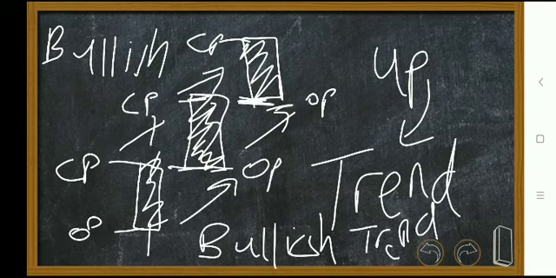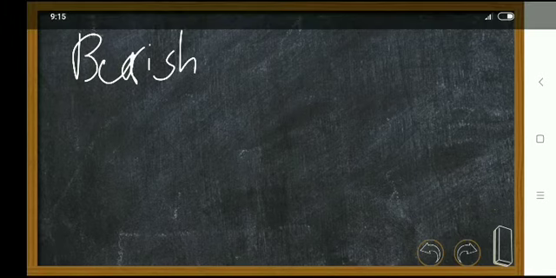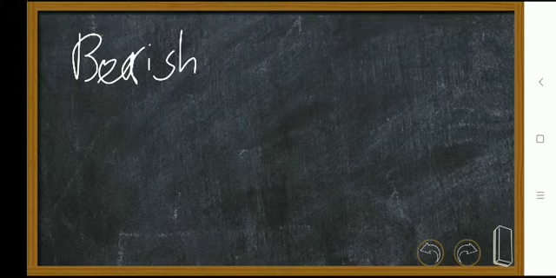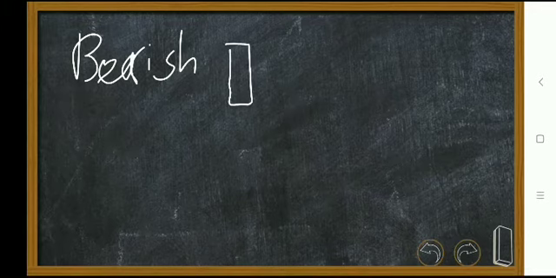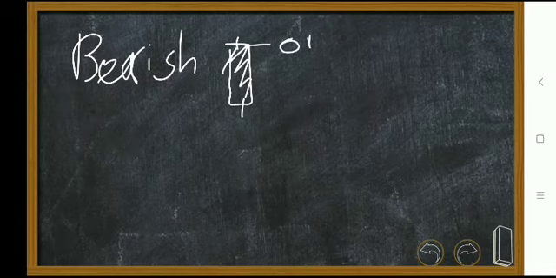So the opposite is said for a bearish. Let's do this. This is bearish. If you can't see it clearly, it's bearish. So we'll have a candle here for that specific time frame. This is the opening price, this is the closing price.